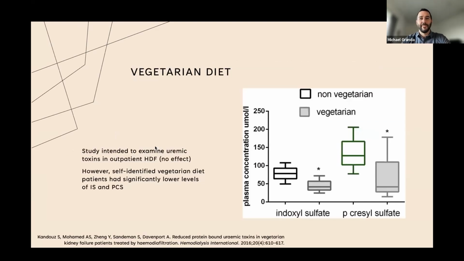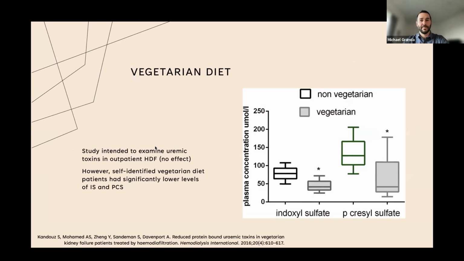Looking further into the role of the diet, this study set out originally to determine if using a specific dialytic maneuver, hemodiafiltration, led to improved clearance of protein-bound uremic toxins. To that end, it actually showed no effect, but observationally, it captured a large number of patients that were on a vegetarian diet.